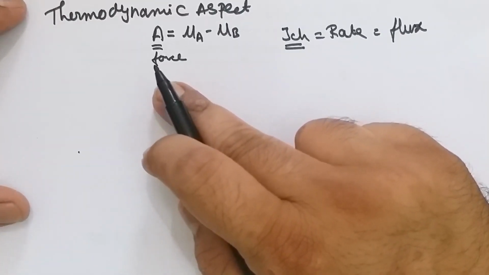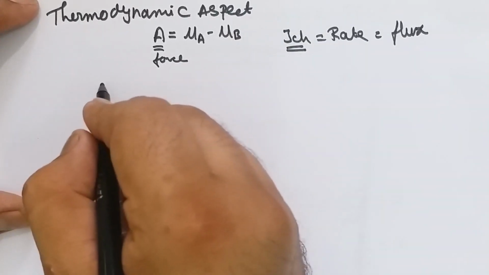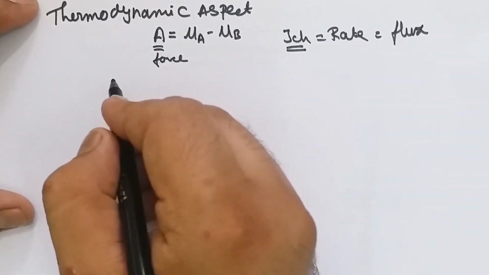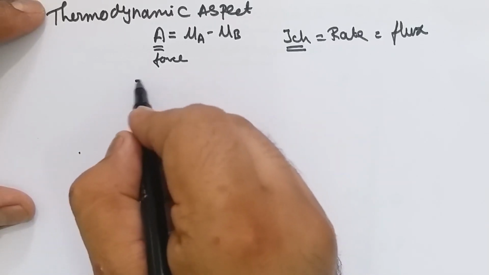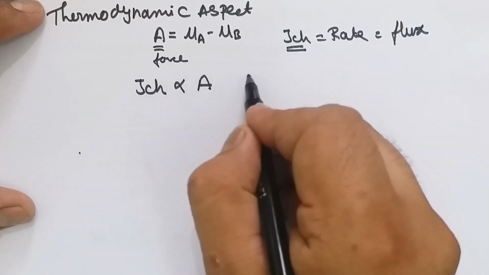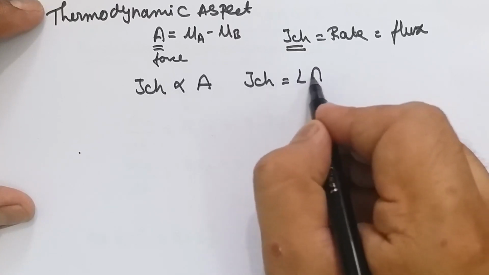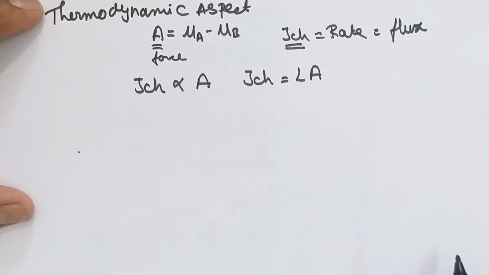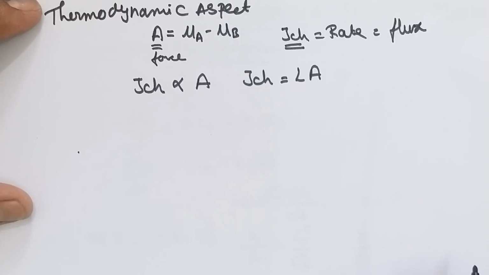And according to Onsager's relationship, we know that flux is directly proportional to the force, and they are related by a proportionality constant. So over here also we can write JCH is proportional to A, and then JCH is equal to L A, where L is the proportionality constant, and we are going to find out the expression, or what will be the value of this proportionality constant.